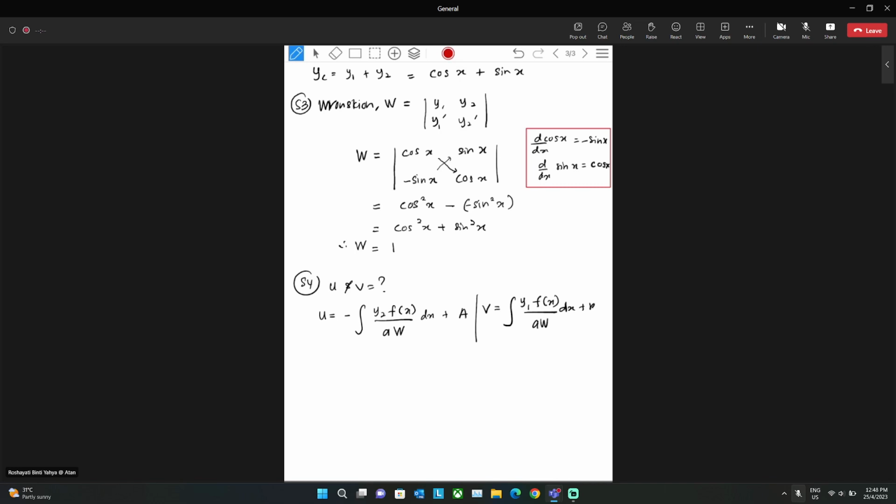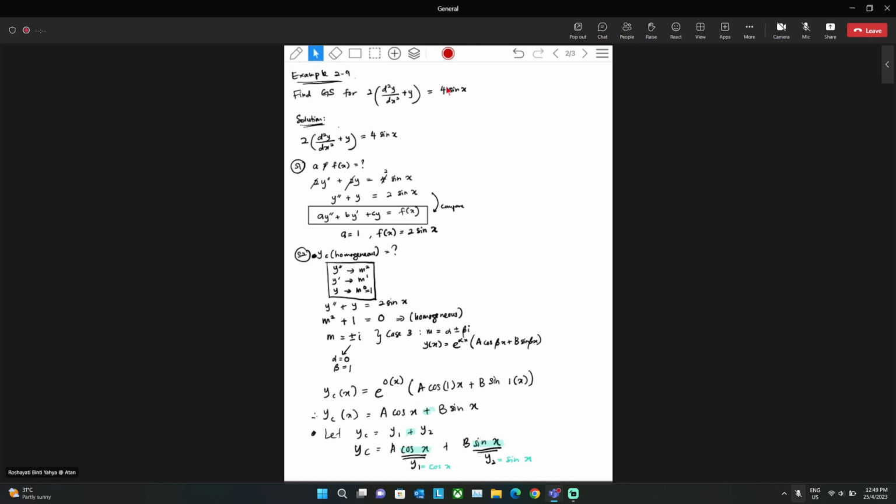So here u equal to negative integration, y2 is sine x, f(x). Look at your f(x), it is not 4 sine x, f(x) earlier is already 2 sine x.